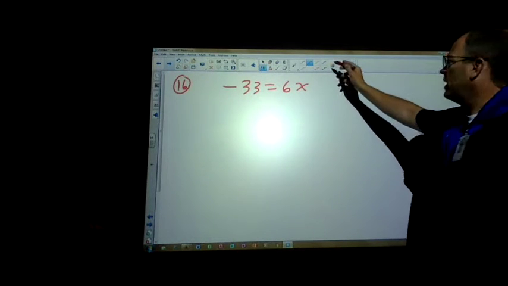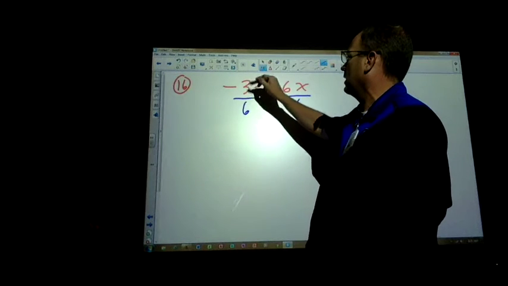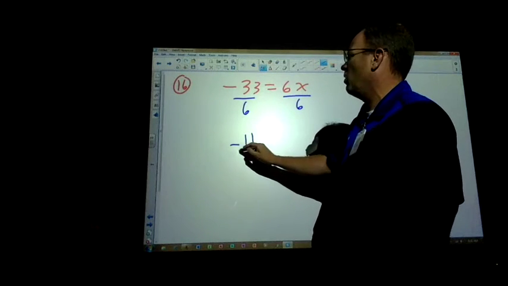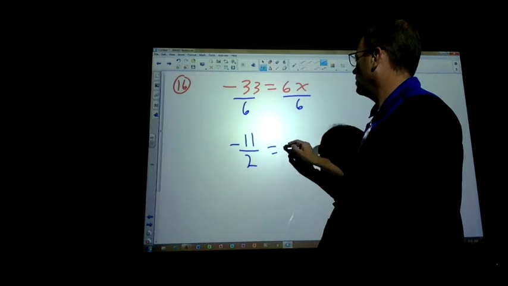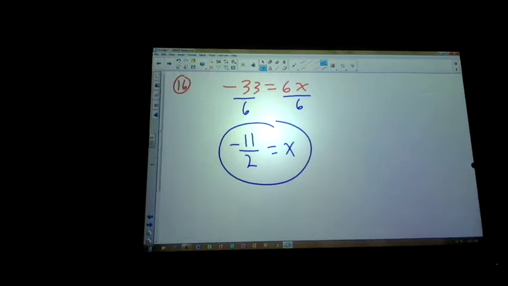So being that these are being multiplied together, I divide each side by 6, and then I could reduce that to 11 over 2. No, 33 over 6. 33 over 6 is not reduced. 3 goes into both. Exactly.